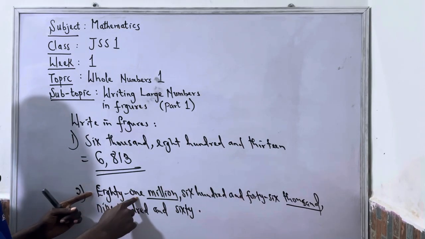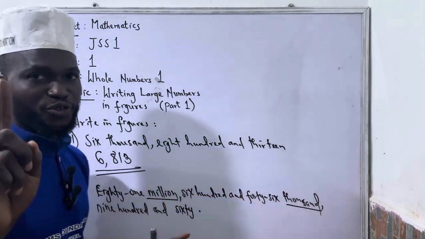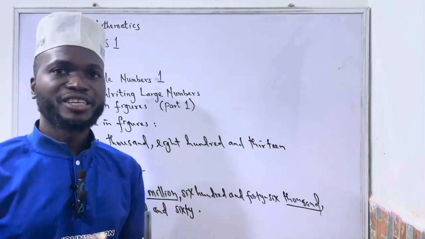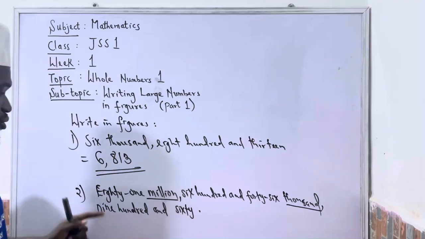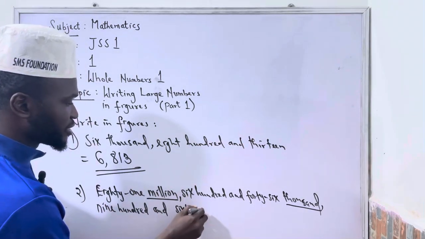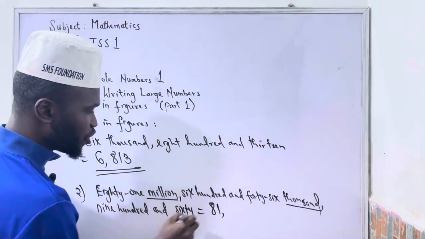This is 81 million. So 81 belongs to the million family. Don't forget, I said every family must have 3 digits, except the first one, which might not have 3 digits. So let's write this as 81. This might not be 3 digits. So put a comma.